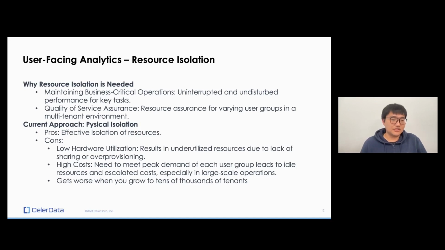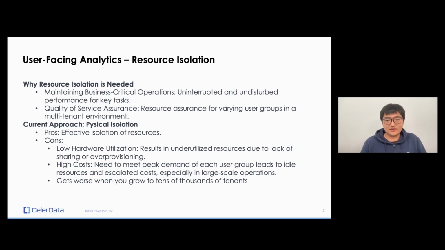A current approach I see in the industry now is a lot of physical isolation, on the virtual machine level. It's very effective. The CPU, RAM, and IO are completely separated, but it's not really that efficient.